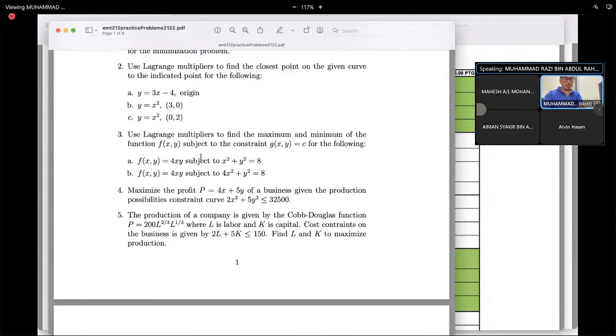We are going to maximize this part. It's easier if I just copy, crop and paste in here. All right.